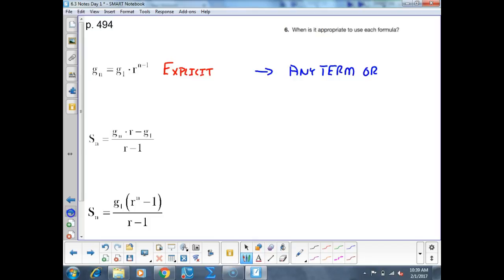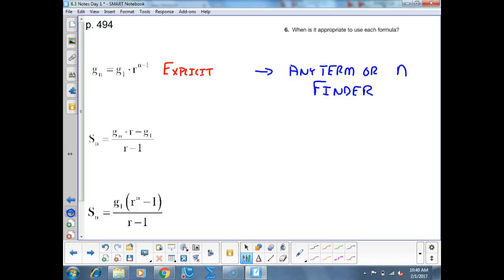So we use the explicit formula to find any term in our sequence or series, or to find n. And that's all that it's used for.